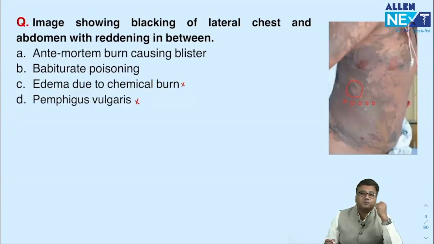Those are the areas where barbiturate blisters tend to develop, and when these blisters become old, they also tend to give a blackish appearance to the skin. But in the photograph, a chest and an abdominal picture has been shown. So the area rules out barbiturate poisoning.